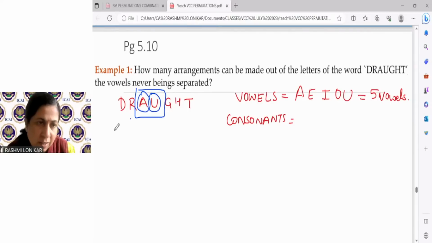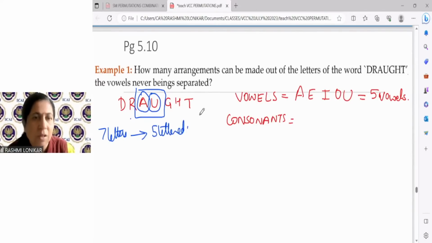Seven letters are there, but because these two are always together, it has now become a 5-lettered word. Here I can have OU or I can have UO, so there are 2 options.